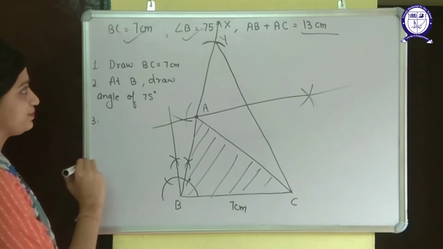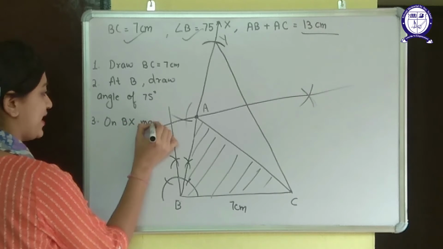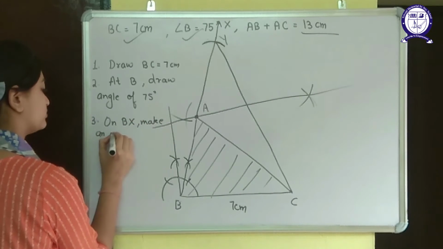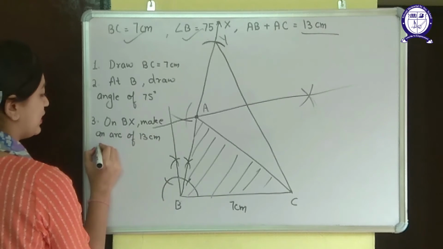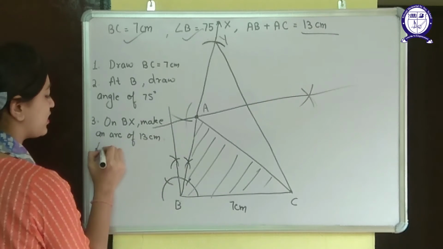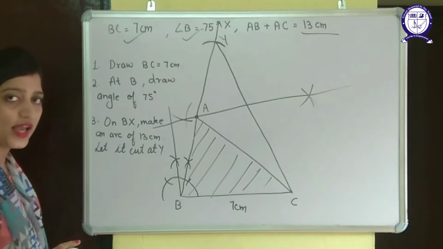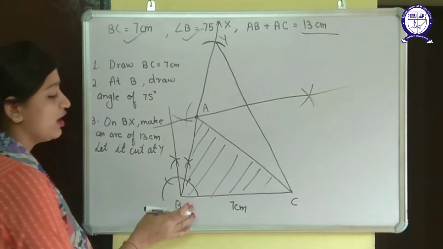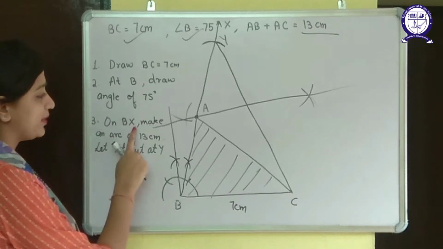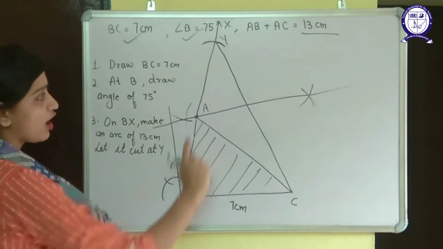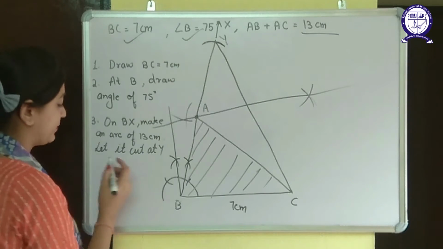Now third is on BX make an arc of 13 centimeter. Let it cut at Y. I'm just writing whatever we have done. Draw a line BC, then make an angle of 75 degree. Then on this line BX, make an arc of 13 centimeter and let it cut the line at Y.